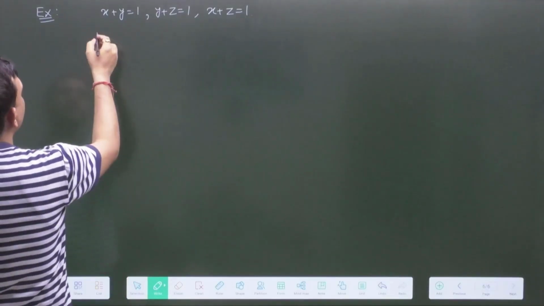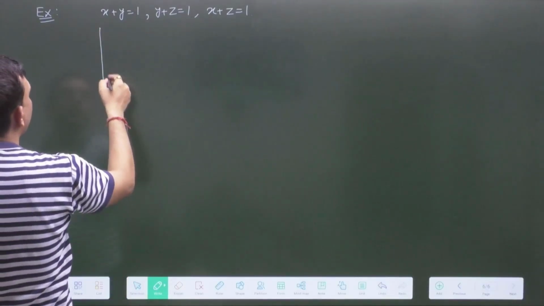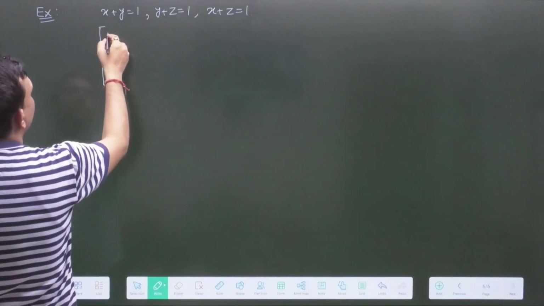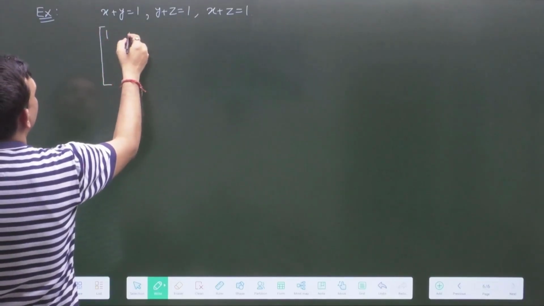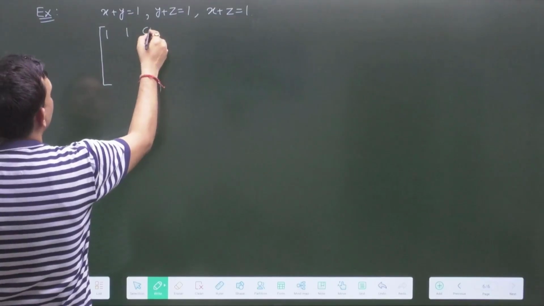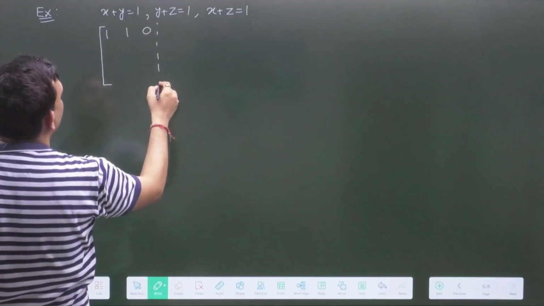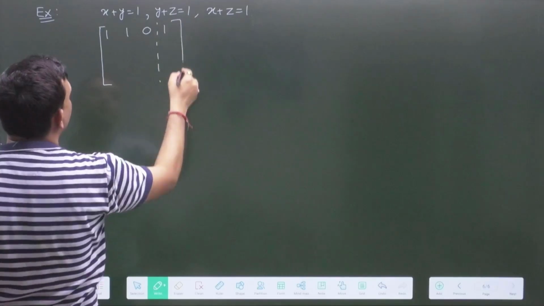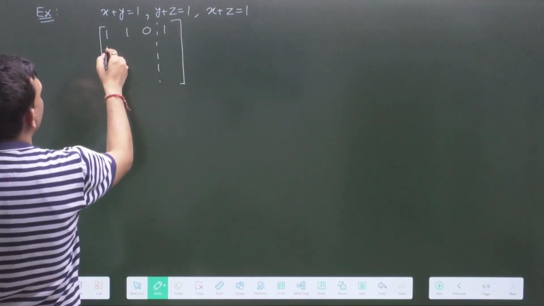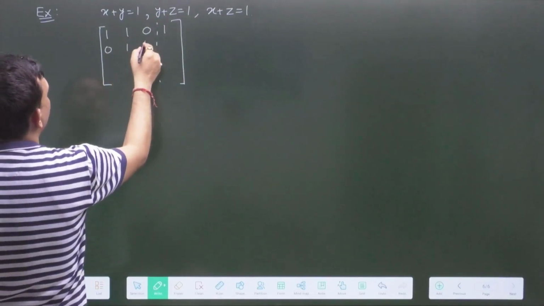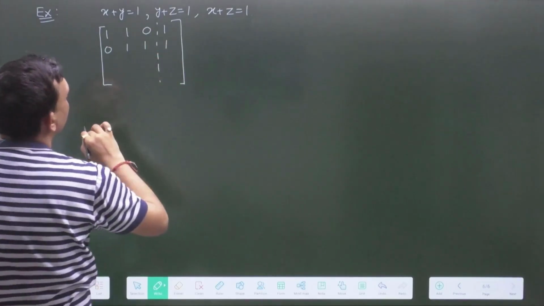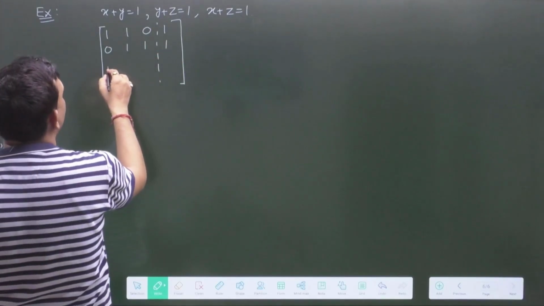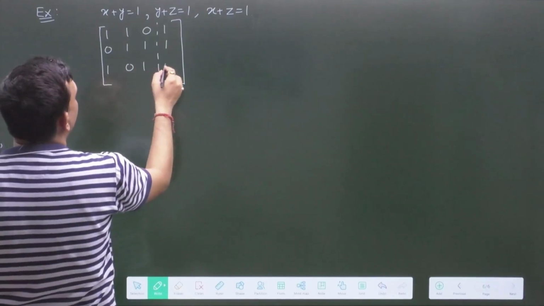So again, write down the augmented matrix. So this will be 1, 1, 0, and this will be 1. Now this is 0, 1, 1, 1, and this is 1, 0, 1, 1.